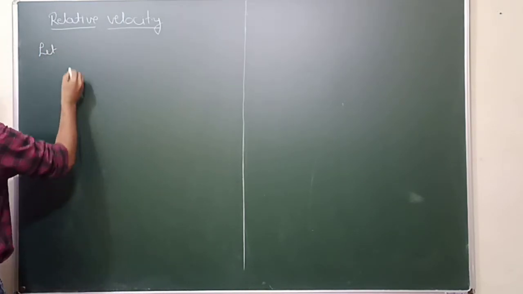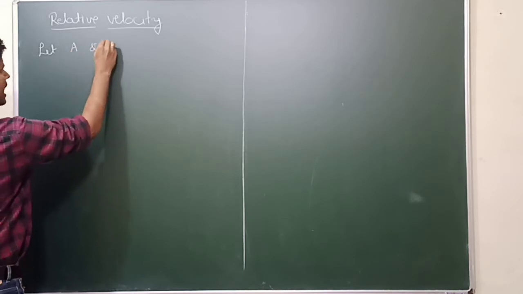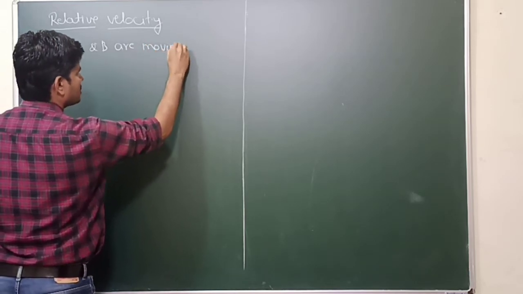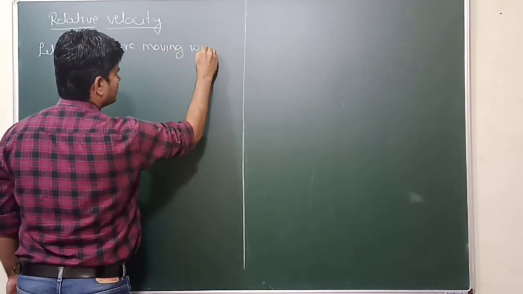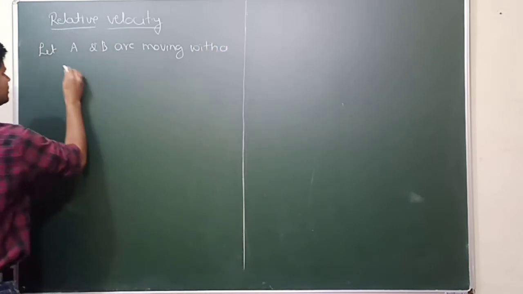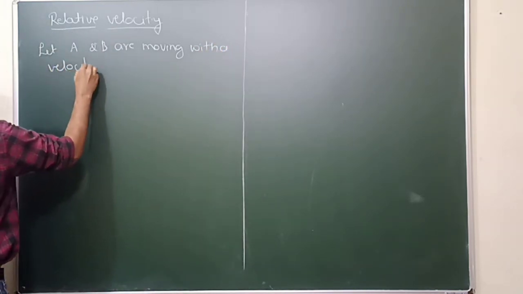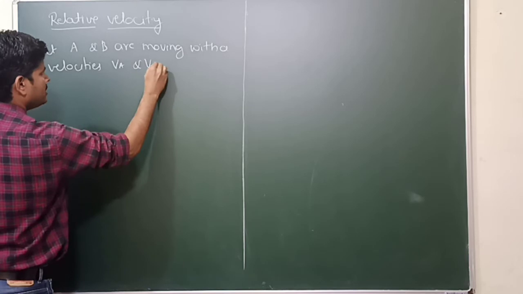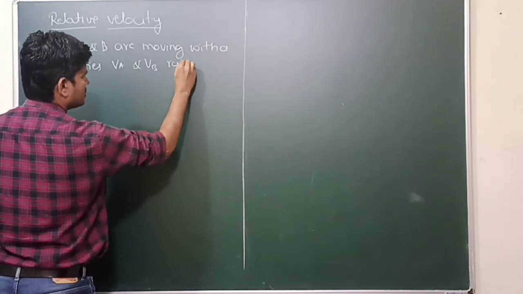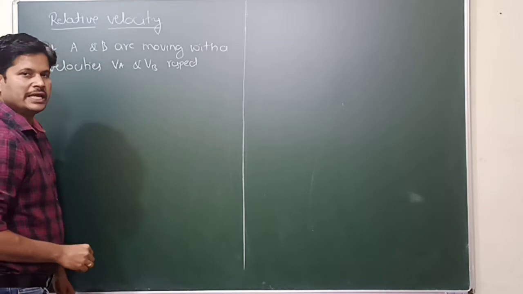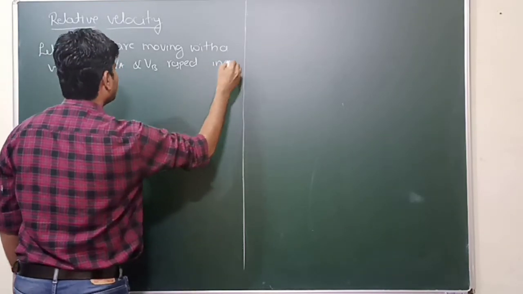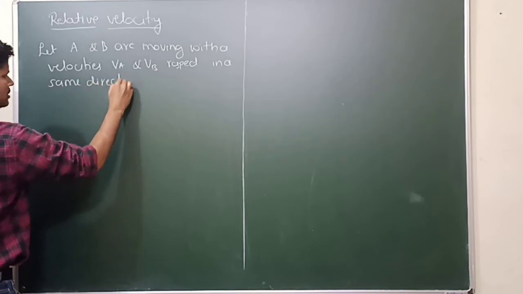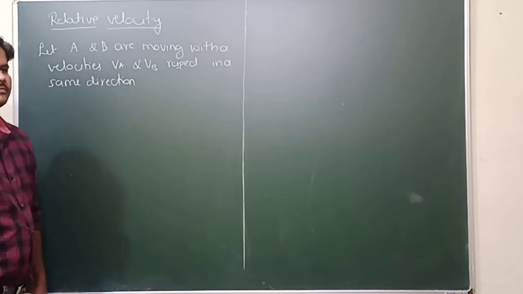Let A and B be moving with velocities VA and VB respectively in the same direction.